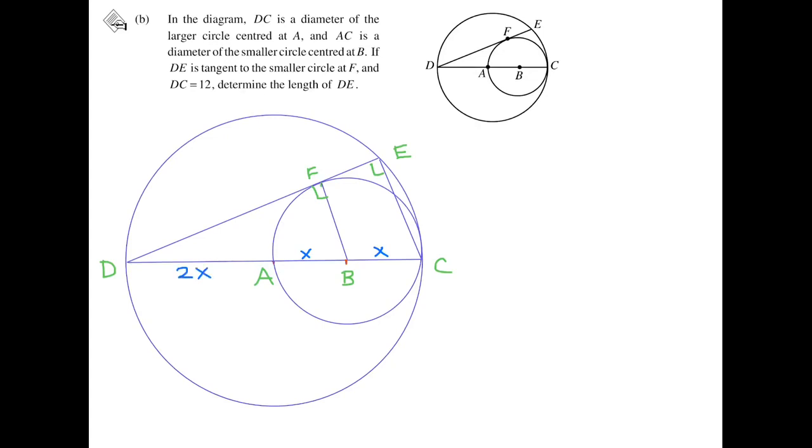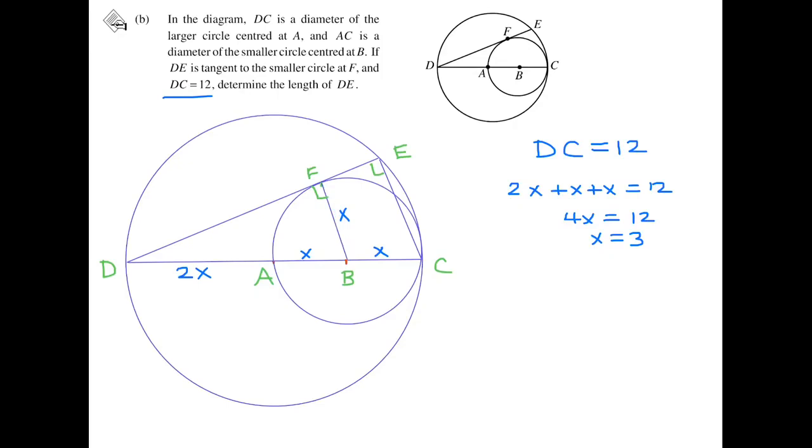And the only other piece of information we know is that DC is equal to 12. Well, that's helpful, because if DC is equal to 12, then 2x + x + x = 12. Therefore 4x = 12, and x = 3. All right, so FB is also a radius, so that's also x. FB from this point to that point.